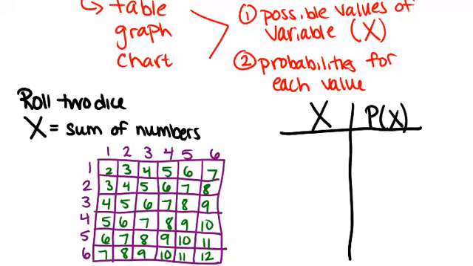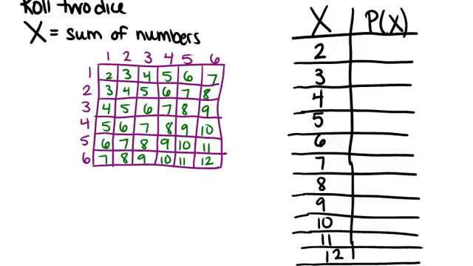So first let's think about what are all the possible values of x. And x is the sum of the numbers. So the possible sums are 2, 3, 4, 5, 6, 7, 8, 9, 10, 11, and 12. So every number from 2 to 12. So I can write that out. And now I just need to fill in the probabilities for each of those values.